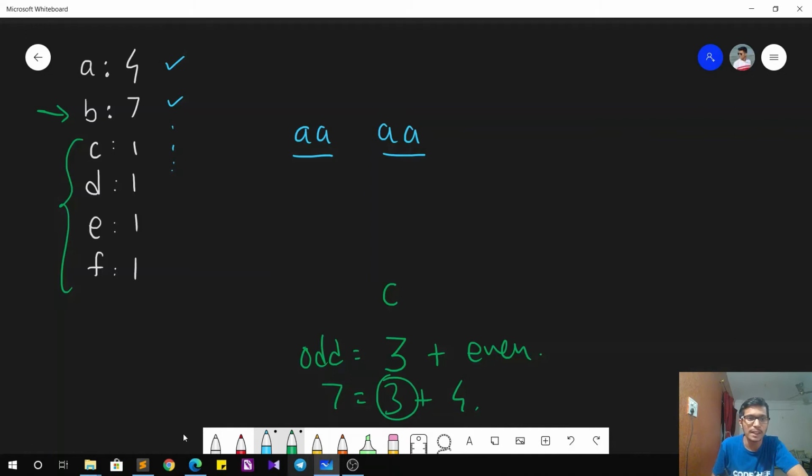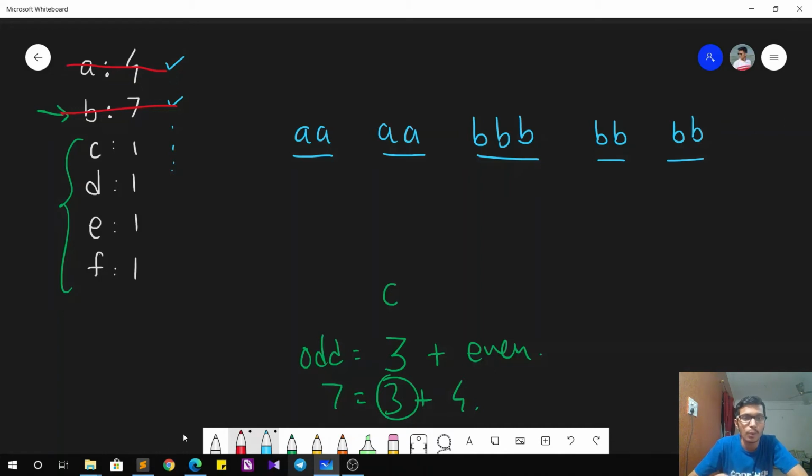So if we have 7 B's with us, we'll keep 3 B's together so that it forms a palindrome of length greater than or equal to 2, and the remaining 4 B's can then again be placed in the form of pairs. That is, we have 2 B's and again 2 B's. In this manner, the odd counts greater than or equal to 3 are tackled. So till now, we have successfully written all the A's and all the B's.